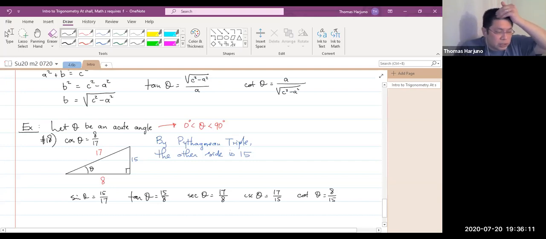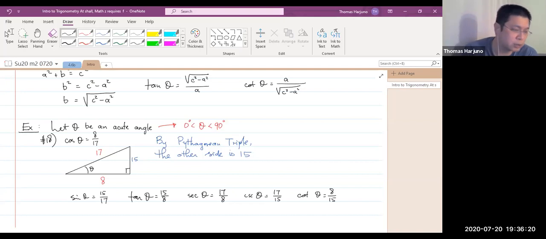We will use this later on to solve some basic trigonometry, to solve some right triangles for more diverse, not special, angles.